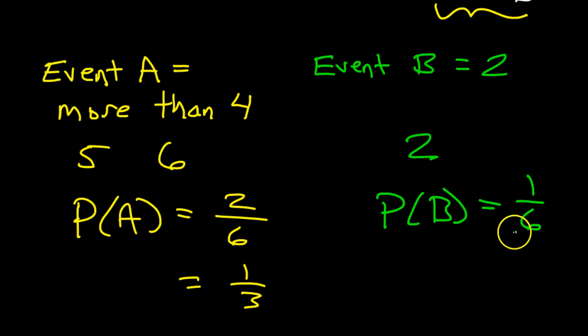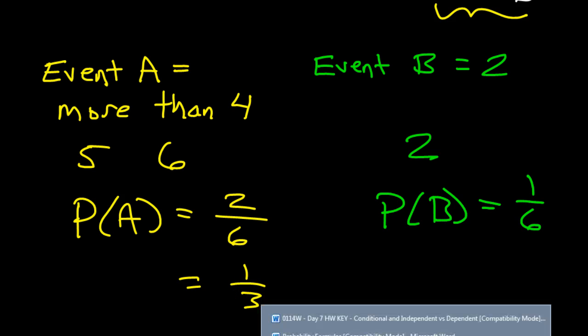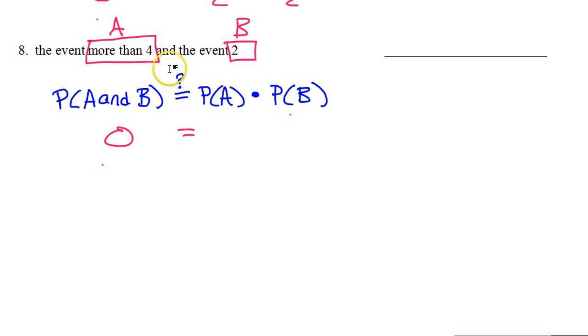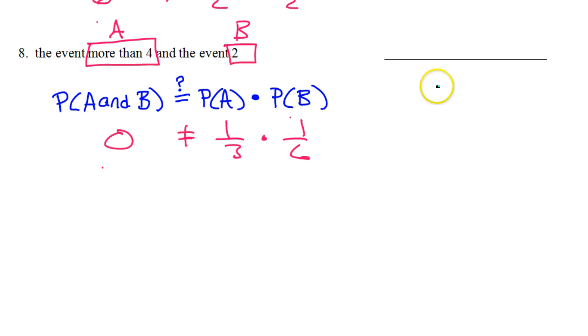So I have 1/3 and 1/6. So showing my work properly, 1/3 times 1/6. Alright, clearly 0 does not equal 1/3 times 1/6. In fact, this would be 1/18. So what are we going to put right here? Dependent.